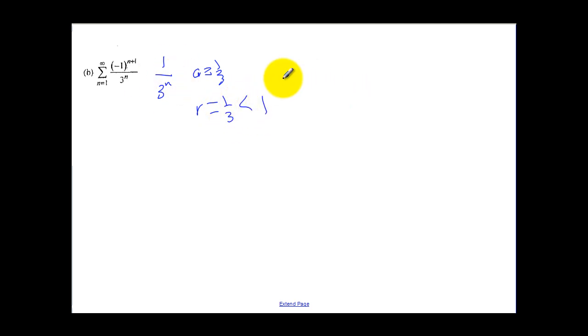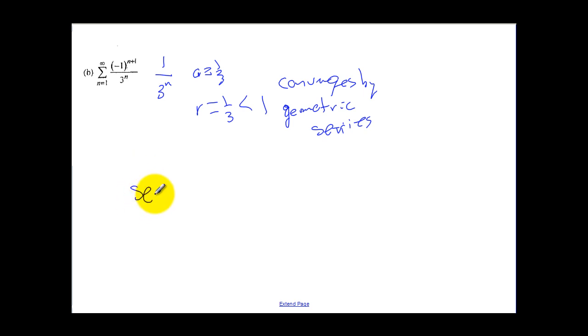So this converges by the geometric series test. Now, since this one converges, we don't have to look at the original. We now know the original one converges, and so our series converges absolutely.